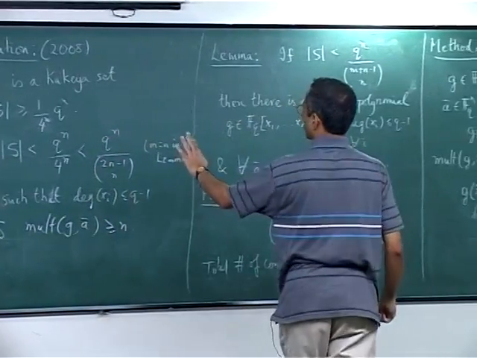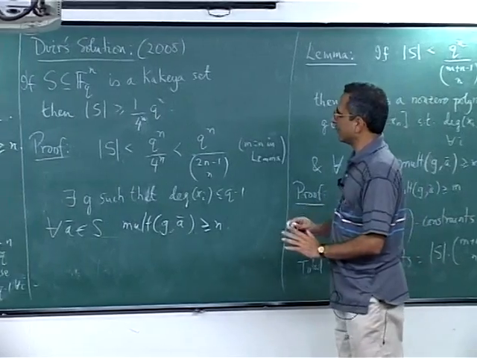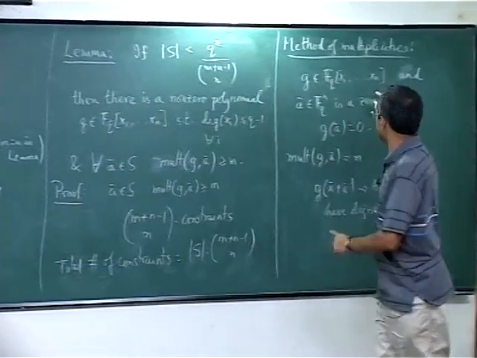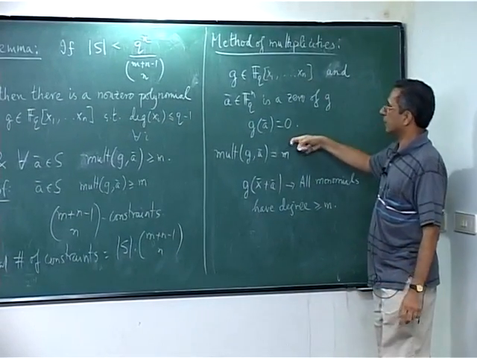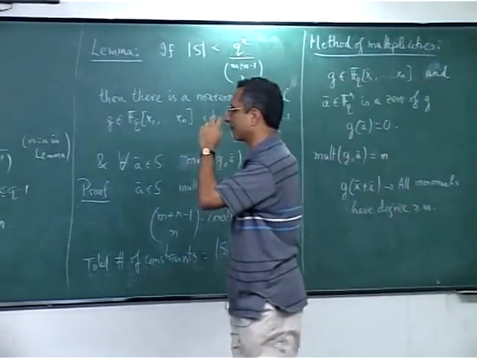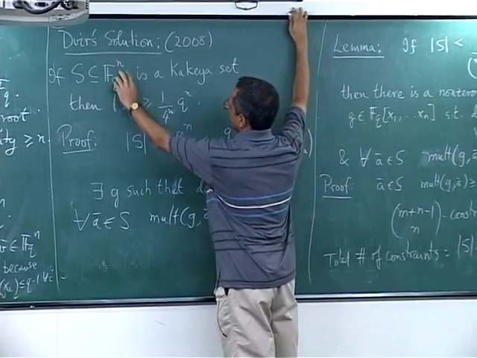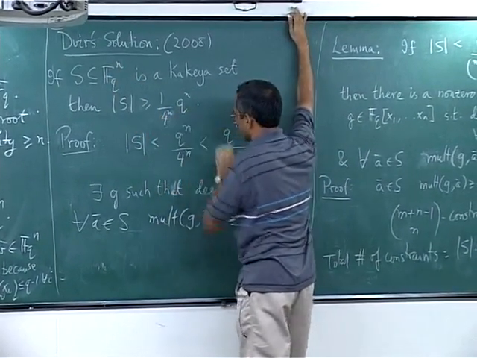Let's just go over the entire thing once. Three simple pieces. The key new idea is to construct polynomials with zeros that occur with larger multiplicity. So we want to prove that any Kakeya set inside Fq power n must have this much size.